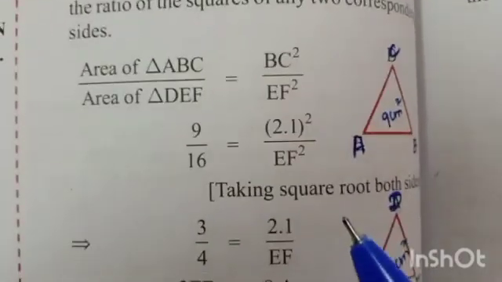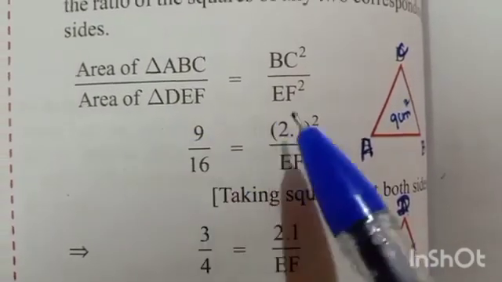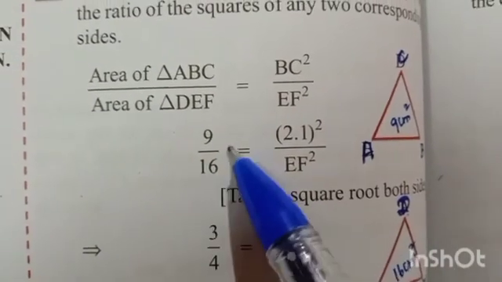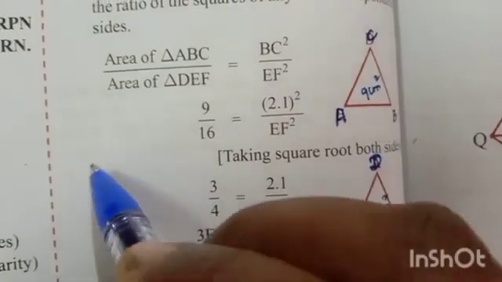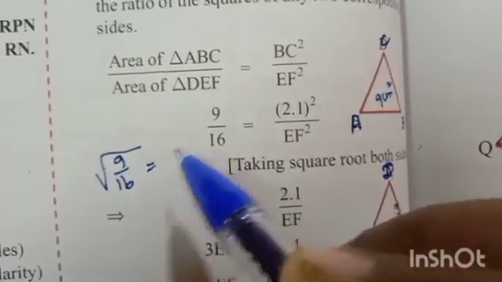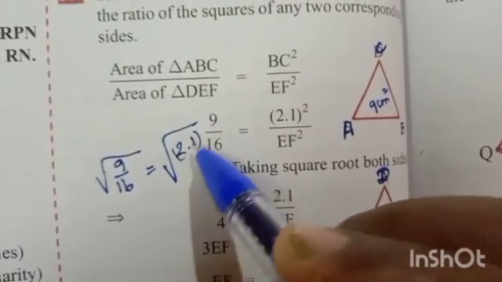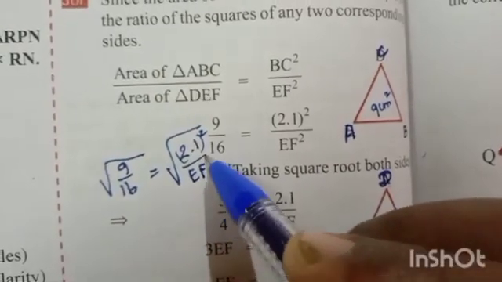Taking square on both sides means taking square root. So root 9 by root 16 is equal to the square root of 2.1 whole square by EF square.